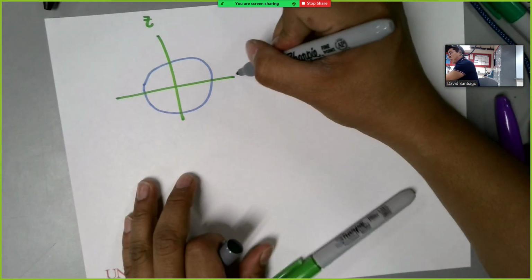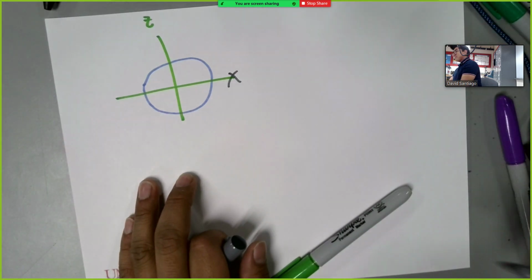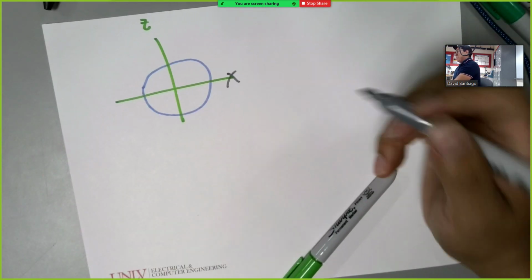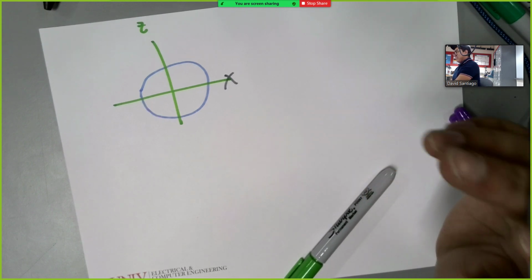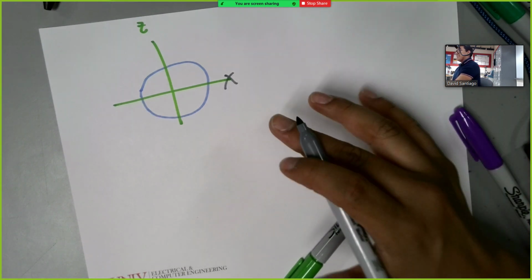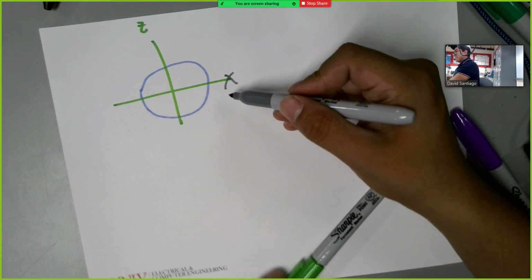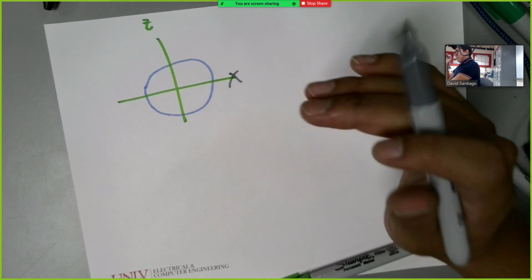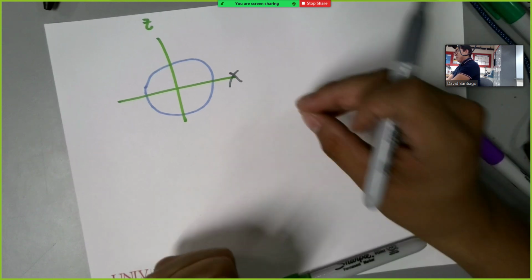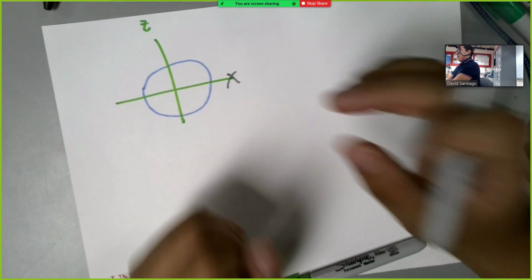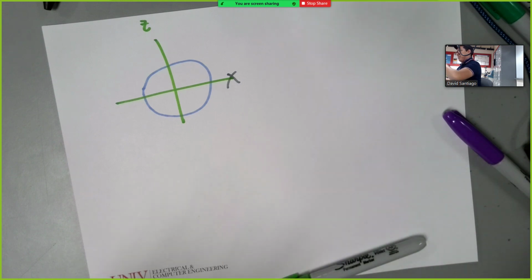And we have a pole right here, right? So if you were on the exam and Dr. Stuberud says, determine a stable system, how do you make a system stable? The region of convergence includes the unit circle, or the imaginary axis for the Laplace transform.